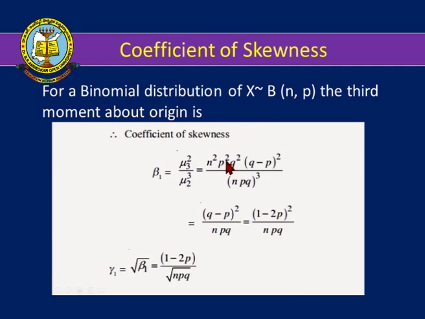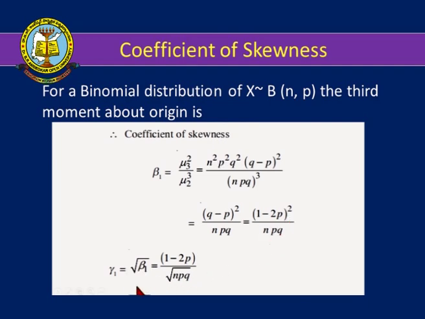Already we know how to generate the mu 3 and mu 2 values, so substitute these values in the beta function. So, beta 1 is the skewness of the distribution, that is beta 1 is equal to (q minus p) whole to the power of 2 divided by npq. Simply, we can write this as (1 minus 2p) whole to the power of 2 divided by npq.